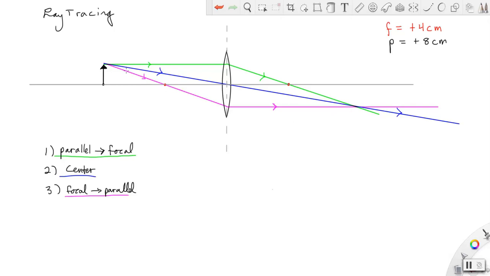Sometimes your measurements will be a little bit off, and you'll end up with this sort of little triangle here where each ray is sort of meeting a little bit off of one another. But it is a really good estimate, and we should be able to take this, draw our image corresponding. So we'll draw our image in gray here. There's the tip of the image.